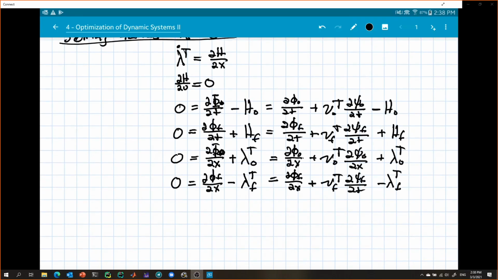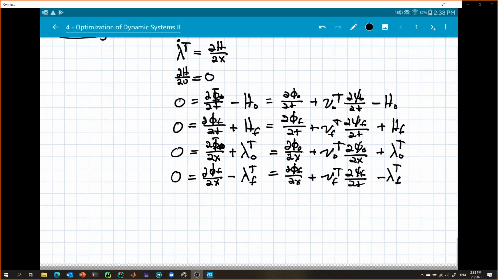Okay, so these are all the derived necessary conditions, and then that's in addition to what we have, that x dot is equal to f, psi naught is equal to 0, and psi f is equal to 0.